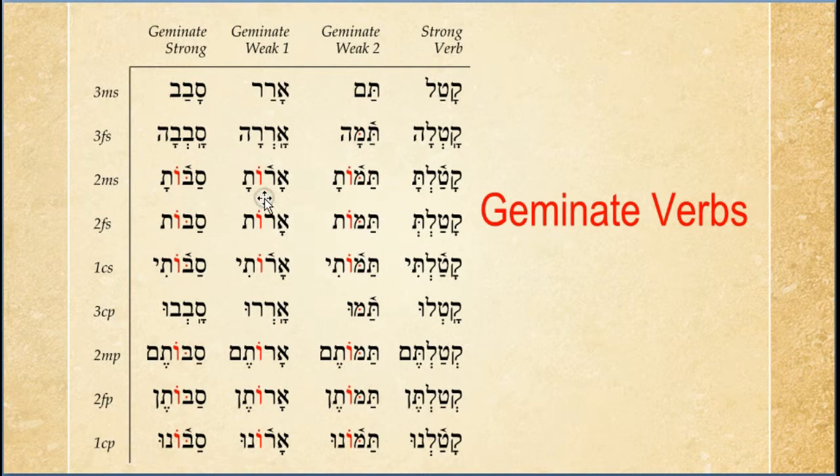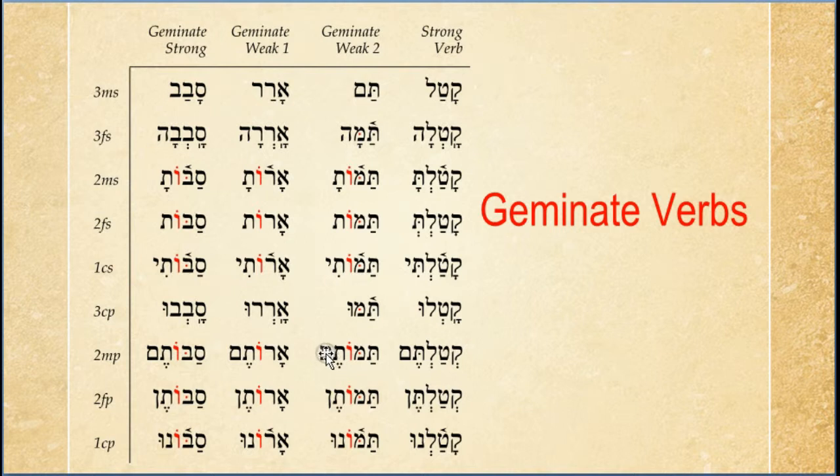Now it's consistent, because if you look at the arur, it's going to do the same exact thing. It's going to mimic it for us, as both of them are going to have the connecting vowel. Both of them are going to have the second consonant that's repeating drop out after the third person feminine singular, and it's going to repeat in the third person common plural, but everywhere else it's going to drop out.